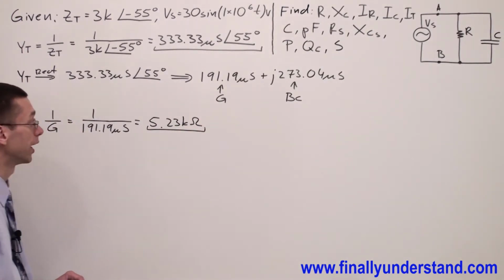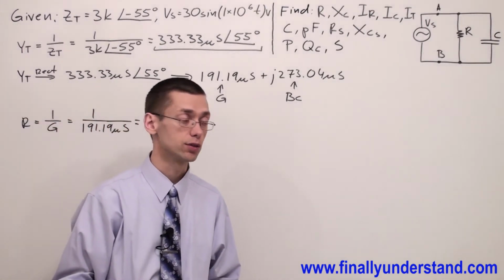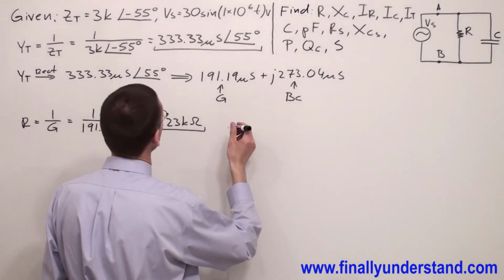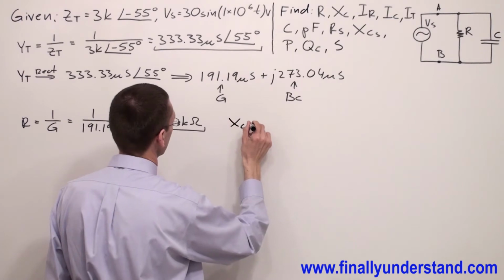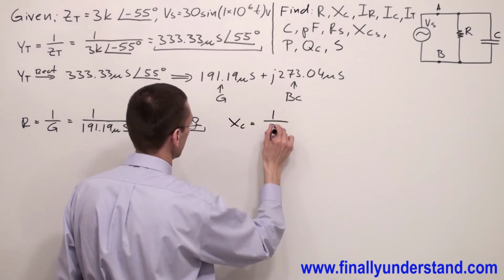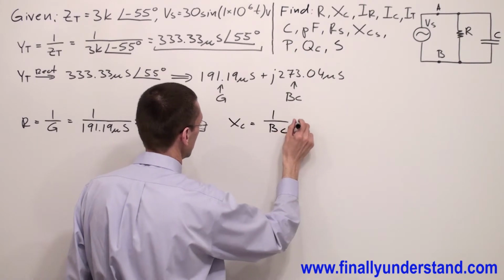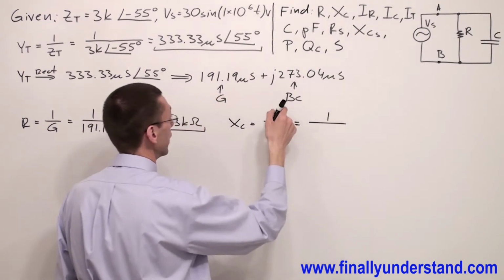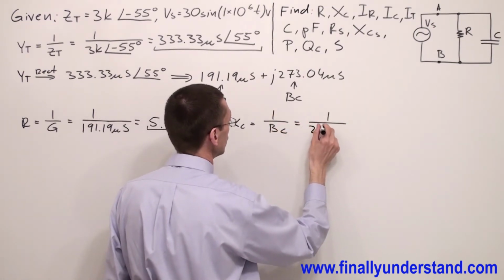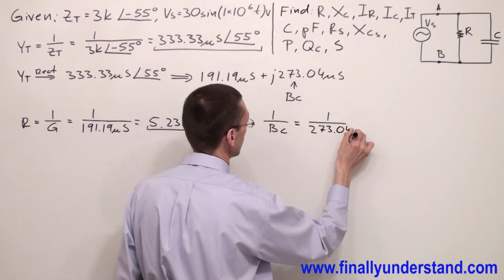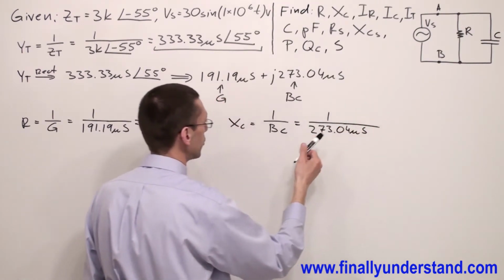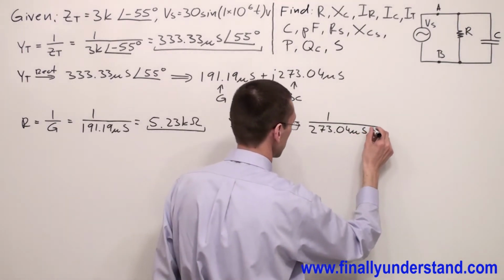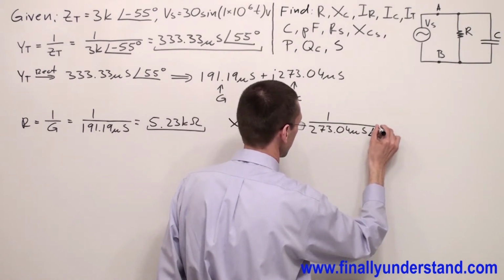Next, I'm supposed to find the impedance of the capacitor. So I'm supposed to write that I have XC equals 1 over BC. So I have 1 divided by my BC, which is 273.04 microsiemens, and I prefer to work with polar form, so instead of j I'm going to write angle of 90 degrees.